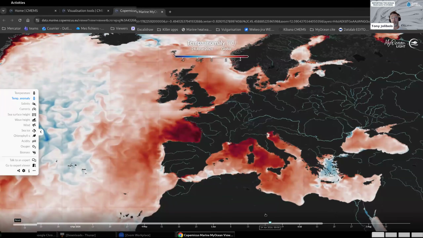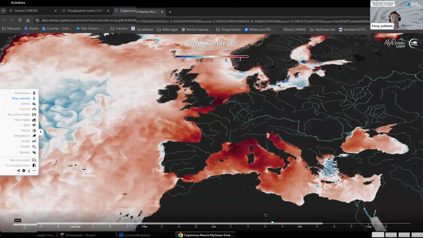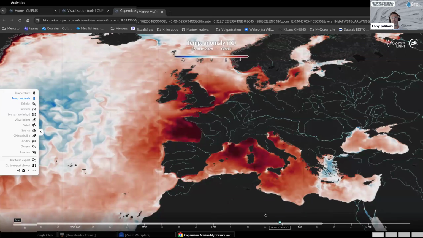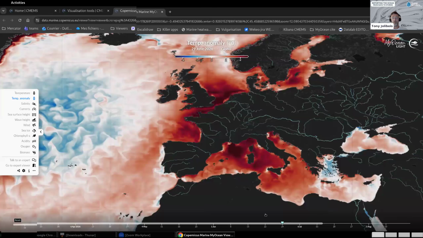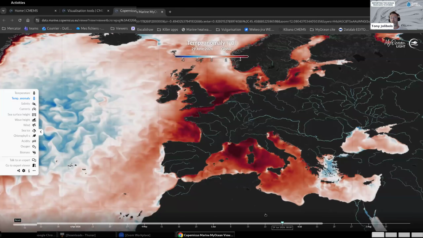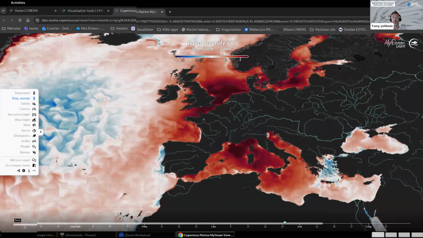So you can see here the evolution of the sea surface temperature anomaly during this atmospheric heat wave, and so how the ocean is impacted or reacts to this heat wave. And the peak phase was near the 24th, 25th of June, and here by the end of June it was really strong.